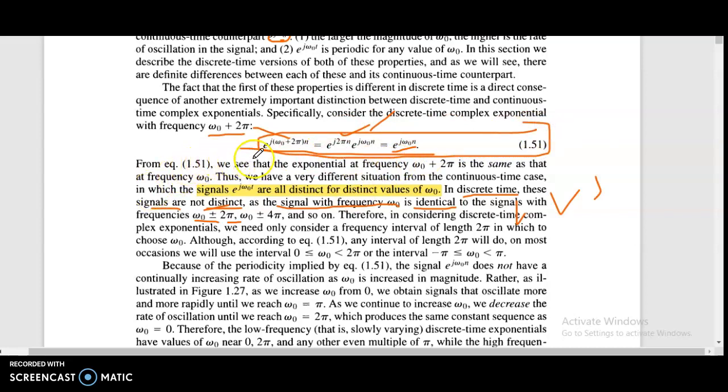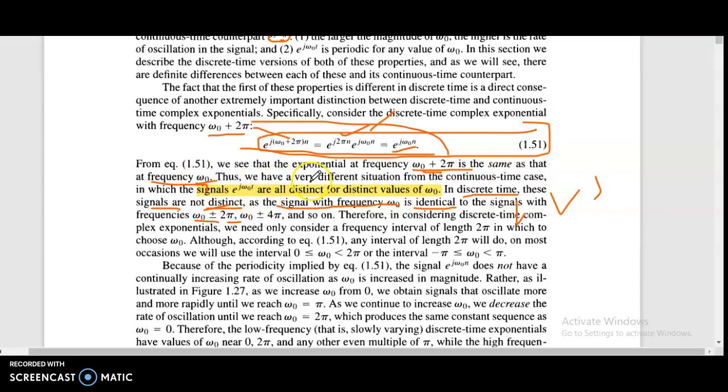From this equation 1.51 we see that the exponential at frequency omega naught plus 2 pi is the same as that at frequency omega naught. Here also the frequency is the same; omega naught plus 2 pi and omega naught are also the same.